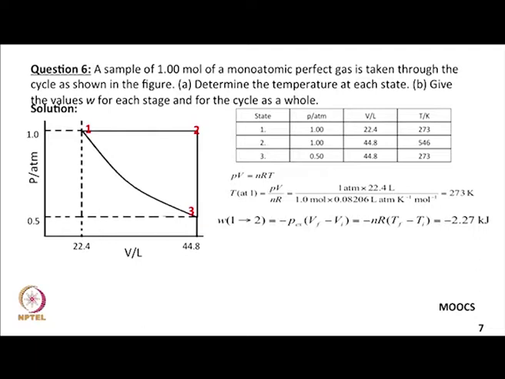Since PV is equal to nRT has to hold, you can also write this as minus nR into Tf minus Ti. Now, you can substitute the volume data or you can substitute the temperature data, you will get the same answer. So, W 1 to 2 turns out to be minus 2.27 kilojoule.